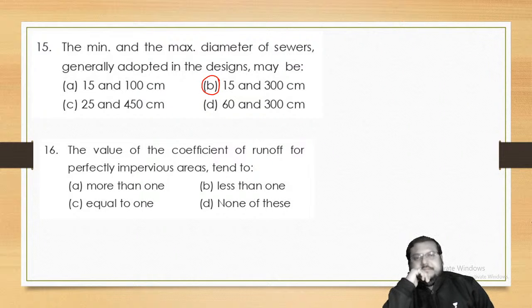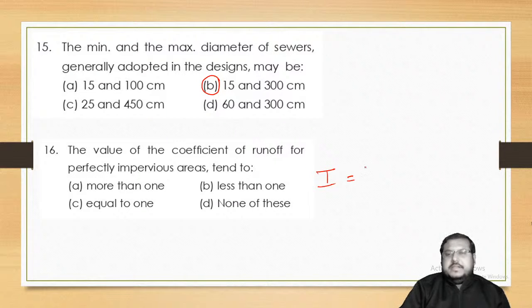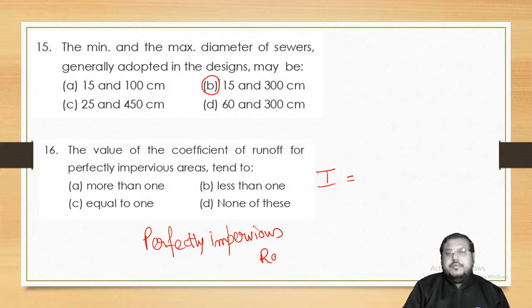Question number 16. The value of coefficient of runoff for a perfectly impervious area. So the coefficient of runoff is I. Impervious area means nothing will go inside. So perfectly impervious means rainfall will equal runoff.